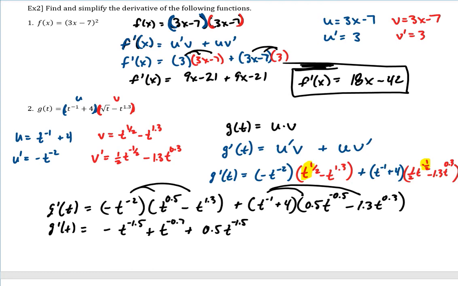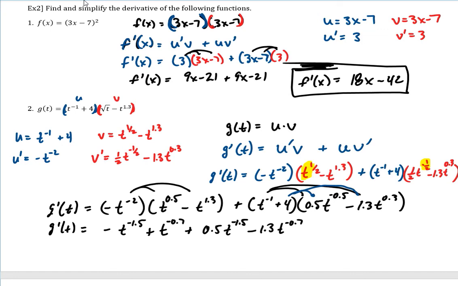And then the t to the negative 1 times this negative 1.3, t to the 0.3 would be minus 1.3. T to the negative 1 and the t to the 0.3 again would add, and that would give us a negative 0.7.